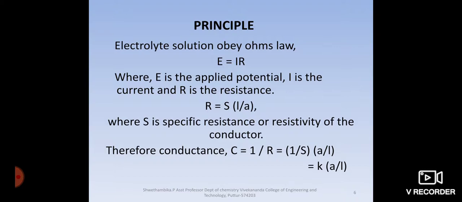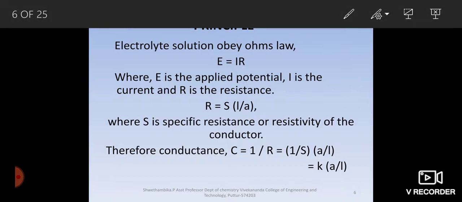The fundamental principle behind conductometric analysis is nothing but Ohm's law. Quite a familiar law it is from our lower class discussion. So Ohm's law is stated mathematically as E = IR, where E is the applied potential, I is the current, R is the resistance.